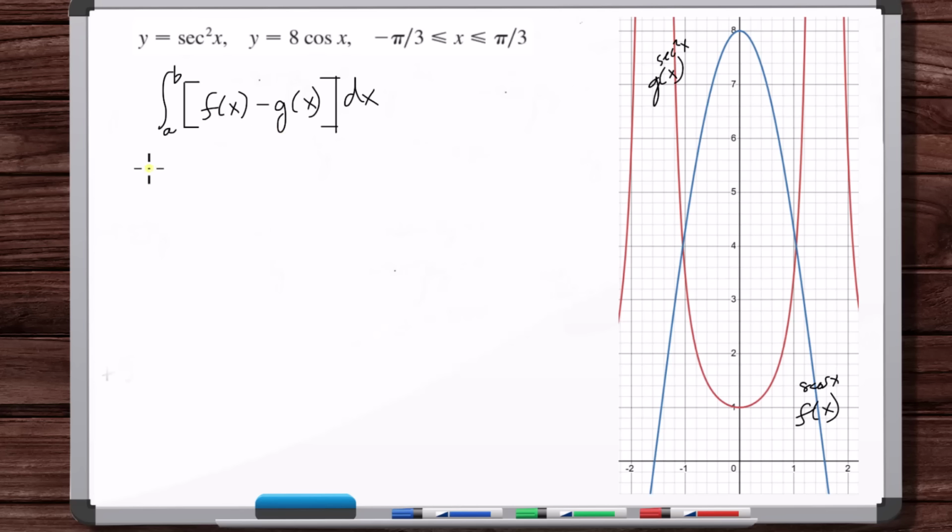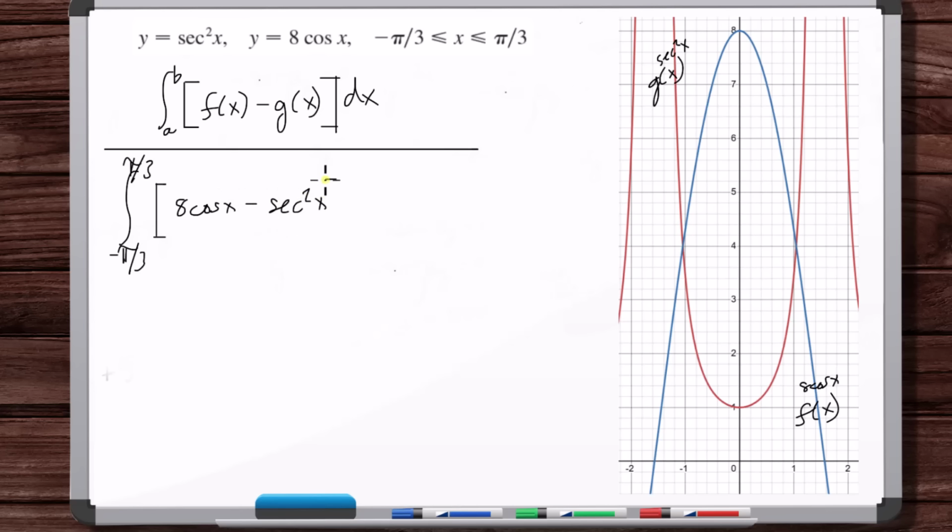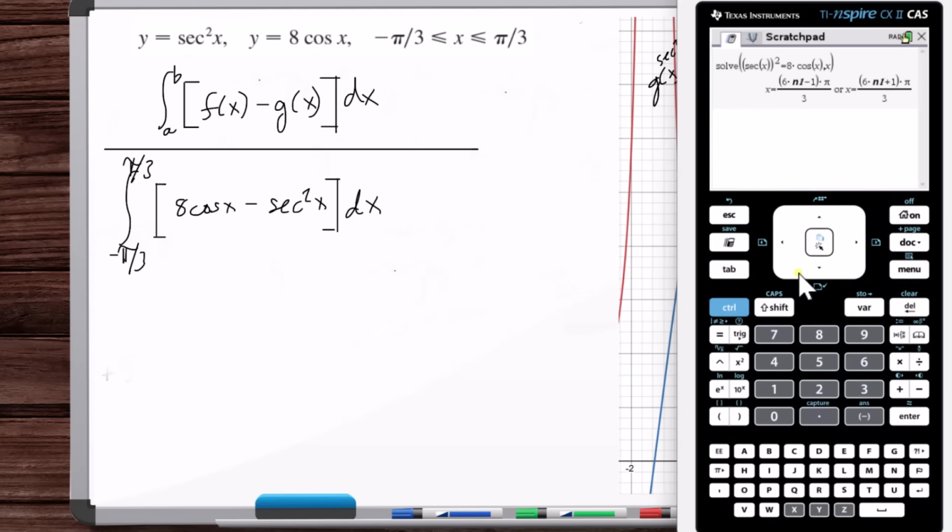So, okay, let's just go ahead and evaluate this formula. We're going from minus pi over 3 to pi over 3. The f of x is 8 cosine of x minus secant squared of x, dx. Now, it looks like this could be symmetrical about the y-axis, so let's check that out.